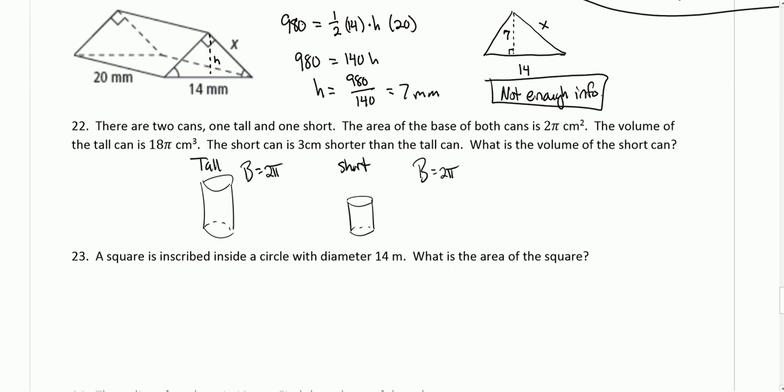The volume of the tall can is 18 pi. So 18 pi equals 2 pi times the height of the can, which tells us the height of the can is 9 centimeters. The short can is 3 centimeters shorter, so the height of this shorter can is 6 centimeters. What's the volume of the shorter can? The volume is going to be 2 pi, which is the area of the base, times the height. So we end up with 12 pi cubic centimeters.